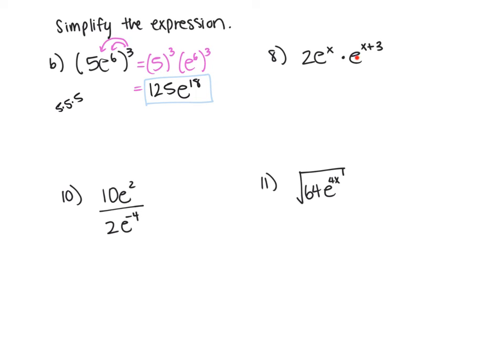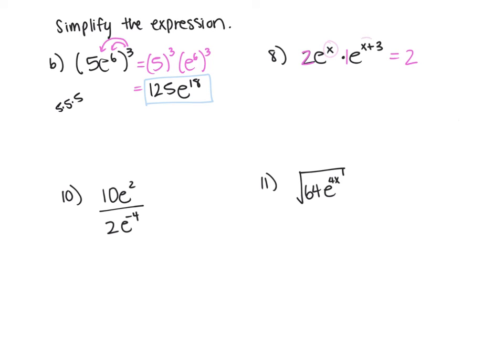All right, then this one here, you have a 2 in the front. And you technically have a 1 in front of the other e. So I always like to first multiply the numbers that are outside. So 2 times 1 is 2. And now I'm going to multiply this e with this e. When I do that, I need to add the exponents.